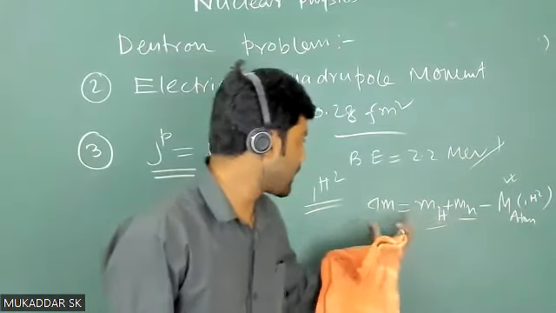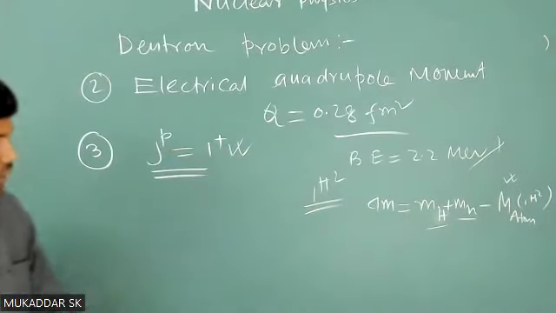So you can calculate delta M, and if you multiply by C square, you will get the binding energy.